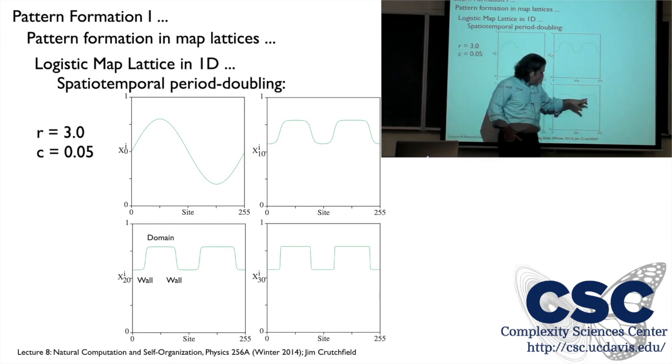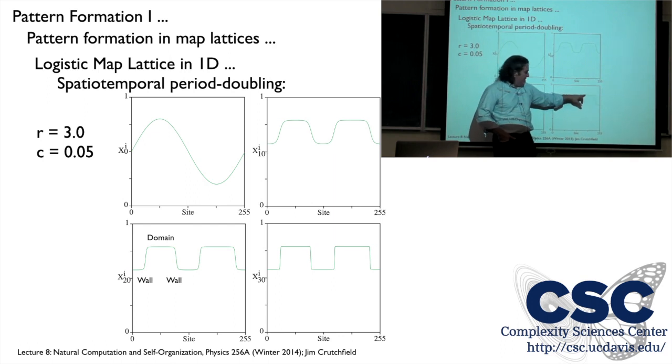You can actually calculate the values of these sites. There is a periodic orbit that this 256-dimensional map is going to, and you can make various approximations to calculate what values these sites will go to here and here.